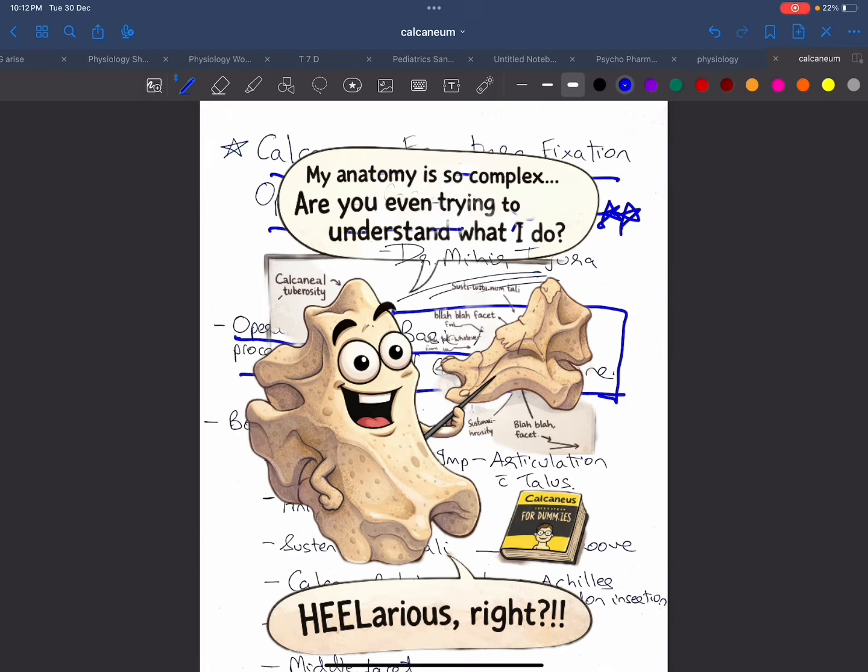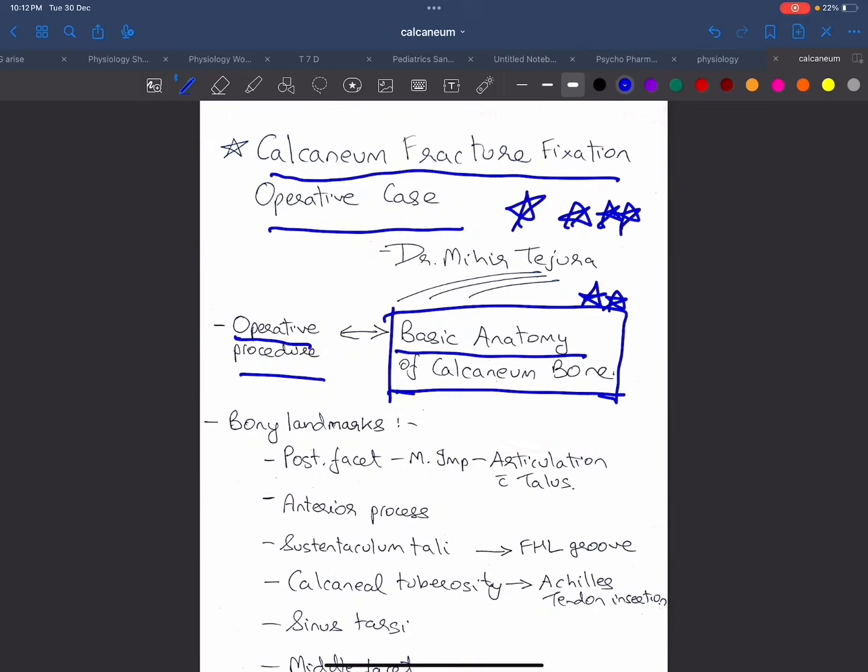Only after that should you go to an OT of calcaneum fracture fixation. After understanding the basic anatomy, the operative procedure becomes a cakewalk. The operative procedure, the radiological evaluation and the significant factors which need to be restored for anatomical reduction will become a cakewalk after understanding the basic anatomy of the calcaneum bone.